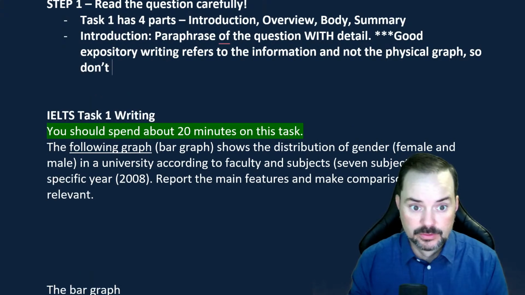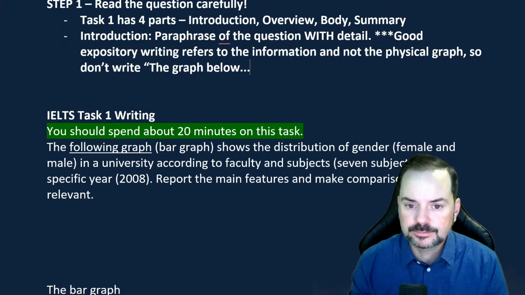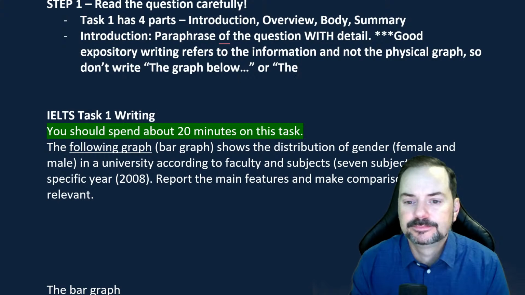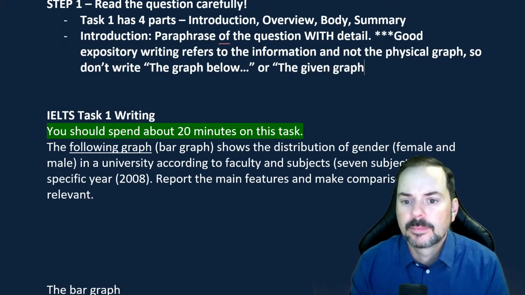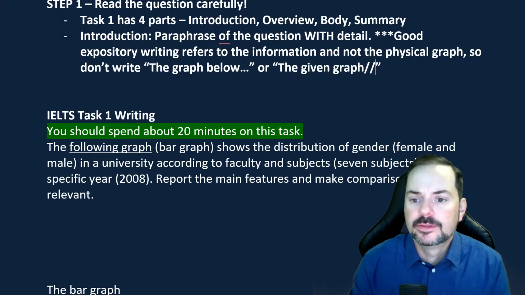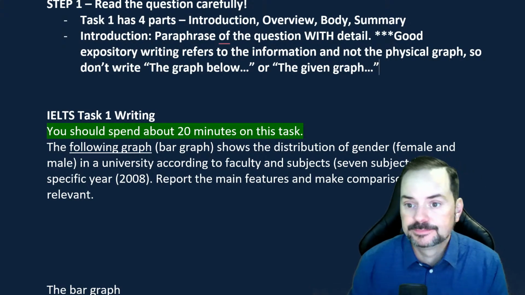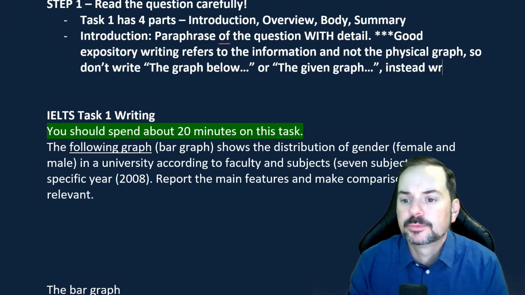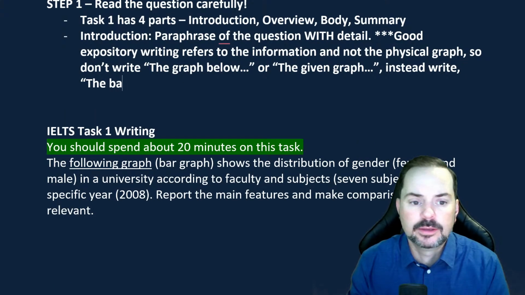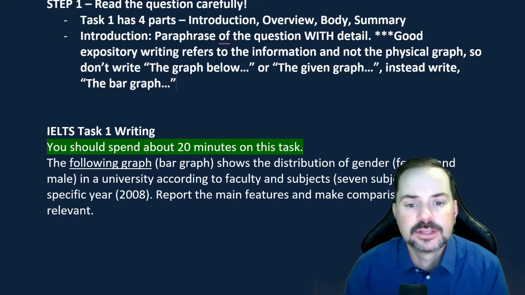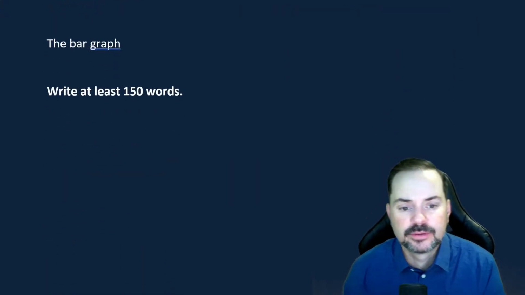So don't write the graph below or the given graph. Just write the bar graph or this bar graph. So if we're going to refer to the graph, at least not refer to its location on the paper.